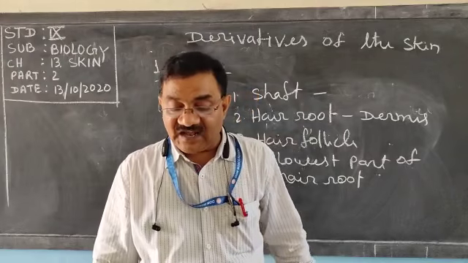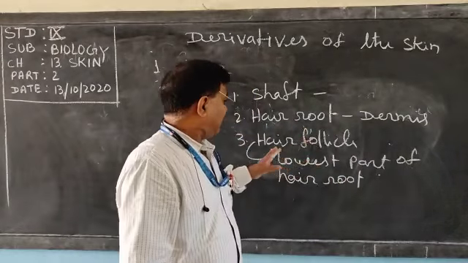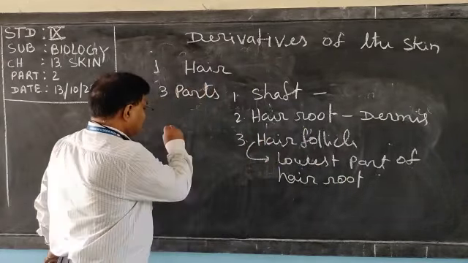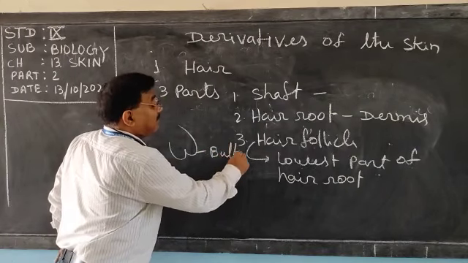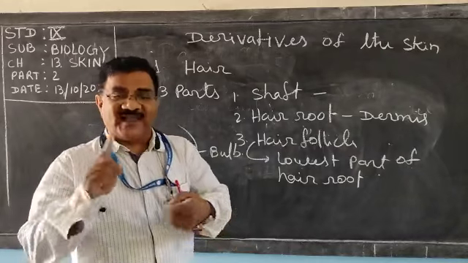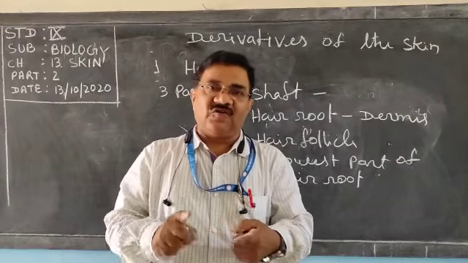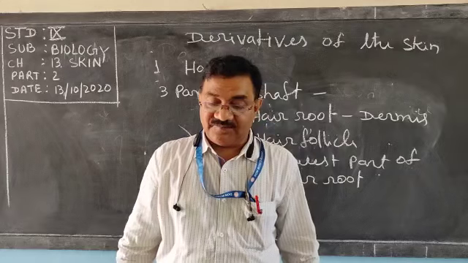The bulb and the hair follicle together are responsible for the growth of the hair.